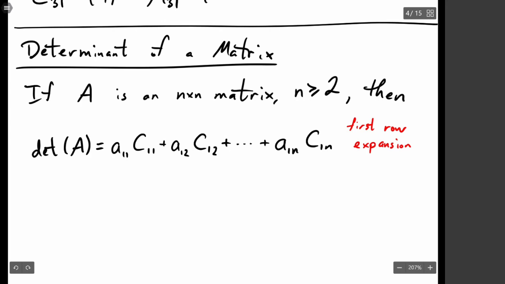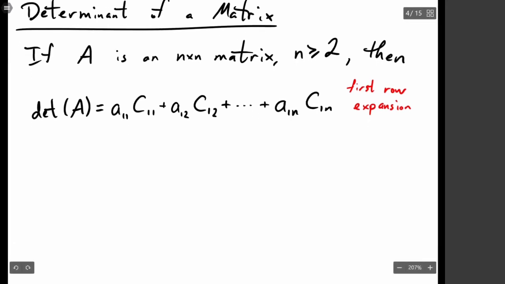All right, but there's no reason we have to only do it that way. We don't only have to use the first row. We can also use the ith row. So we can do Ai1 Ci1 plus Ai2 Ci2 plus dot dot dot plus Ain Cin.